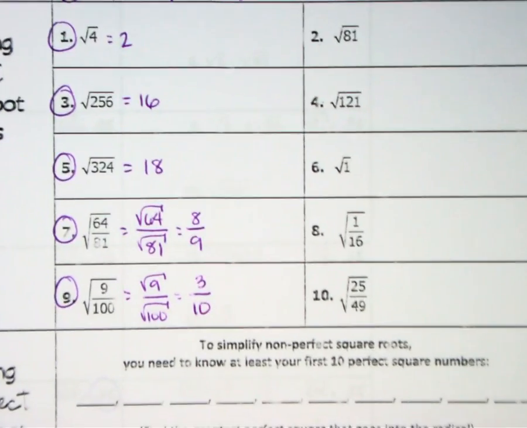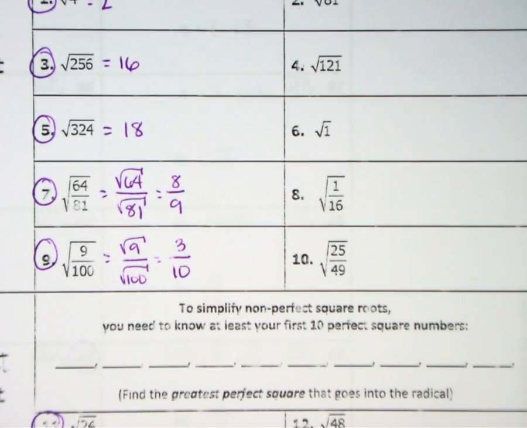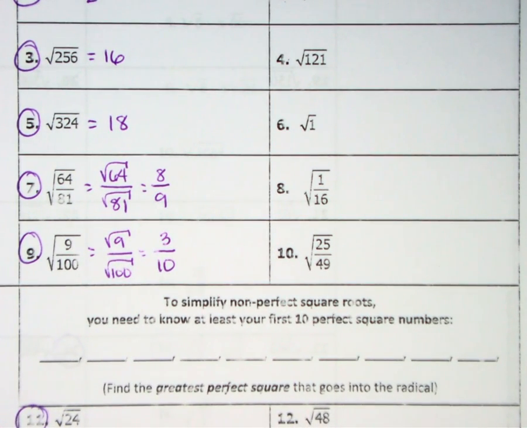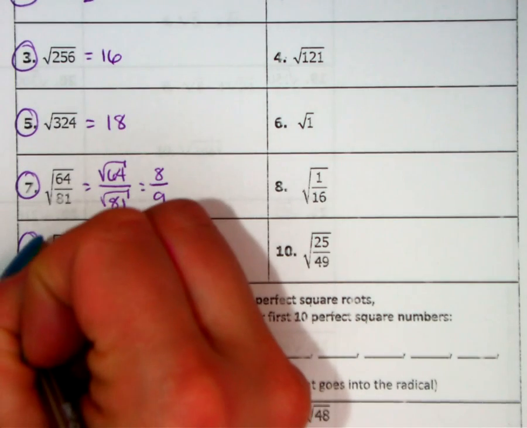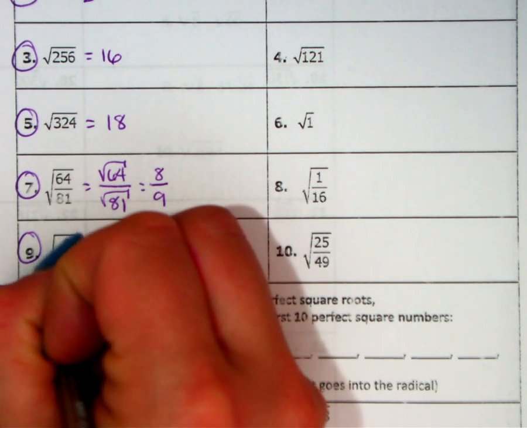One of the things that you're going to find makes this work easier is if you have some of those perfect squares memorized. So we're going to quickly take a minute here and write out those common perfect square numbers. And I'm going to start with 0. So 0 squared is 0.